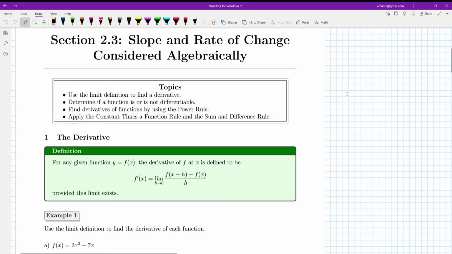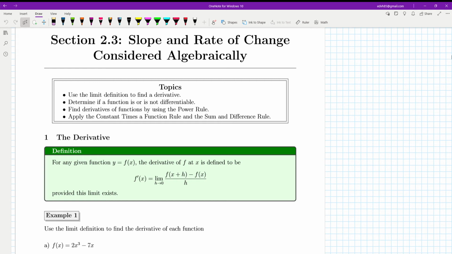All right, so in the previous section, section 2.2, we constructed an expression to find the slope of a tangent line at a given point for a function f of x, as opposed to getting the slope of the secant lines, which requires 2 points and not exactly one single point.